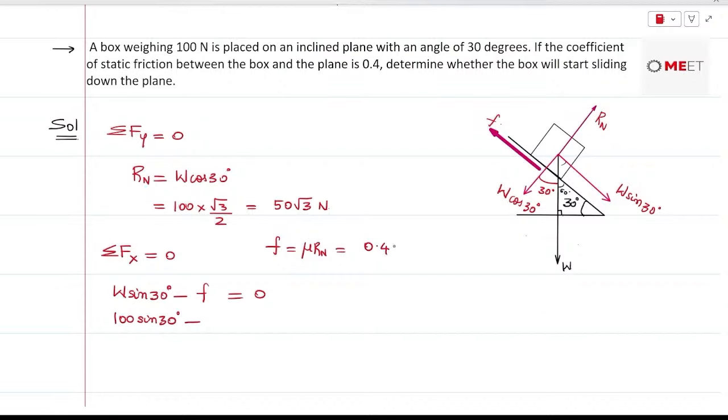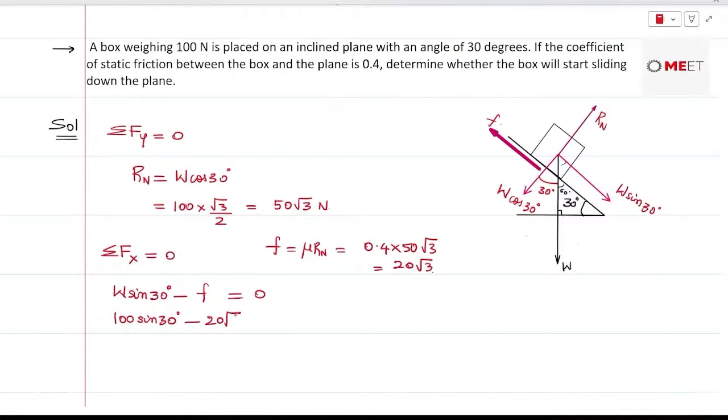So 0.4 into 50 into root 3 by 2. This is equal to 0.4 into 50 is 20, 20 root 3. So this is 100 sin 30 minus 20 root 3.